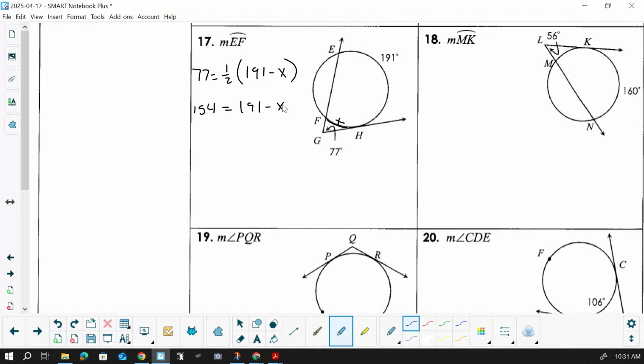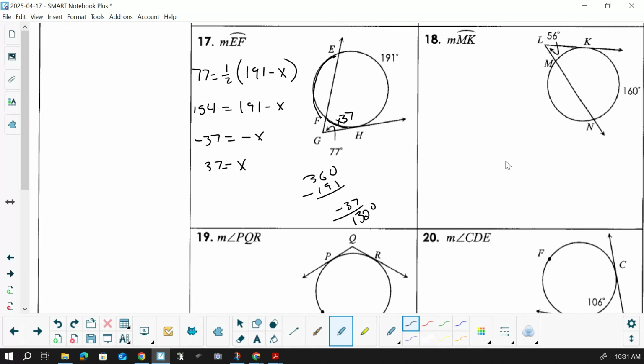And I'm going to subtract the 191 from both sides, and I get 154 minus 191 is negative 37 equals negative x. Multiply both sides by -1, and I get x equals 37. That's the arc. To find my angle that it's asking for, I need to do 360 minus that 191, and then minus that 37 I just found to get the rest of it, which will be 132.